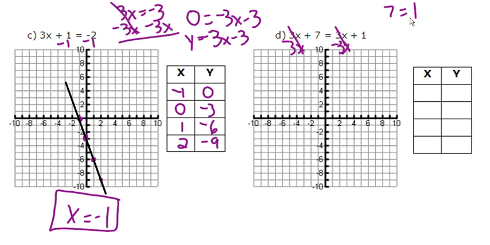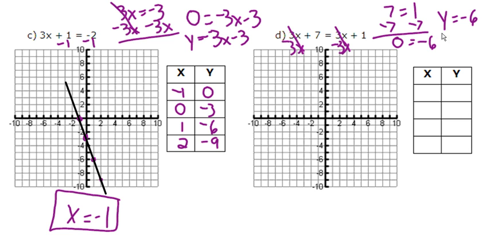Even though the variables are gone, I'm going to move everything to the right side. So I'm going to subtract 7. 7 minus 7 is 0. 1 minus 7 is -6. So now that I have 0 on the left side, I replace it with y equals -6.